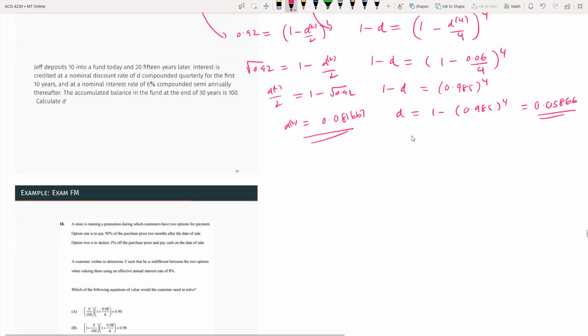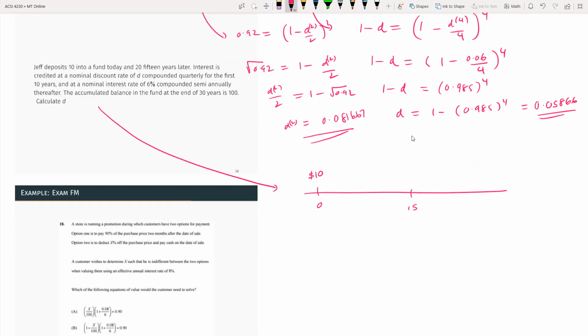Okay, so here you can see one of the Exam FM questions. Now let's try to do it. It says Jeff deposits 10 into a fund today and 15 at 15 years later. So at time 0, $10, and at time 15, $15. Interest is credited at a nominal discount rate of D compounded quarterly for the first 10 years.